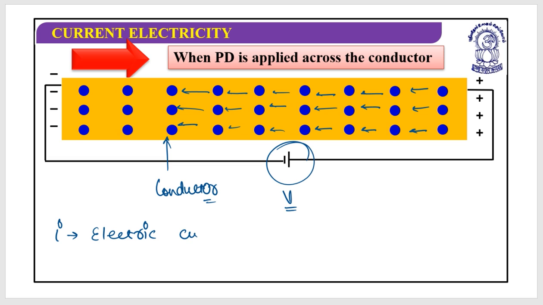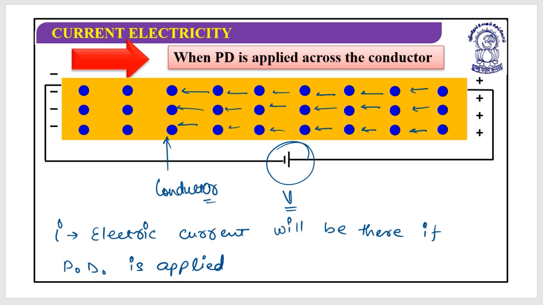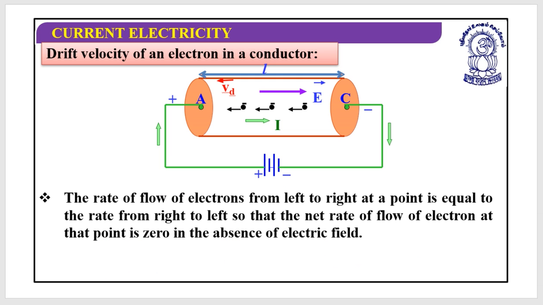We don't know how much electric current there will be, but I know that an electric current will be there if a potential difference is applied across a conductor. If I have given a potential difference, then there must be an electric current. Is it clear?